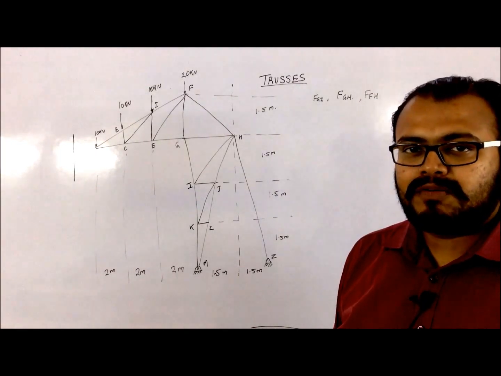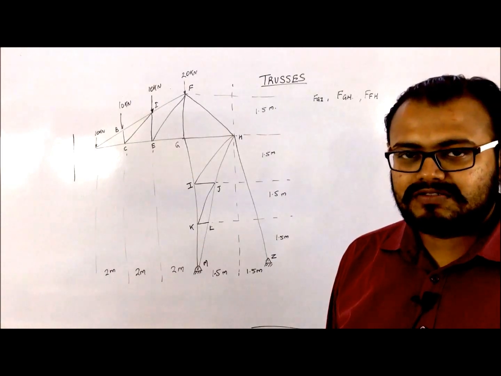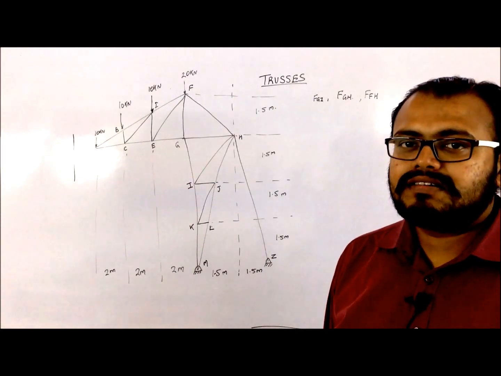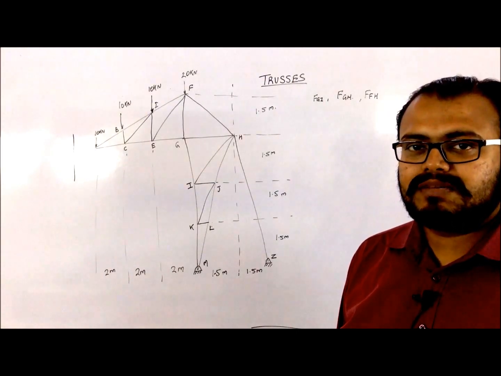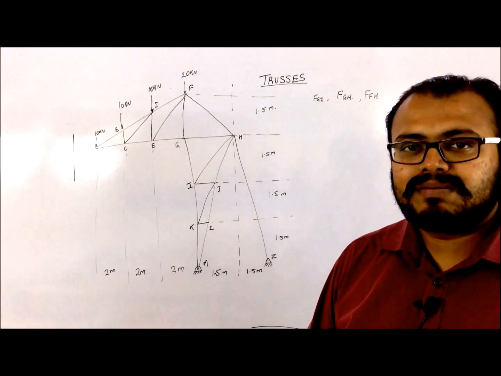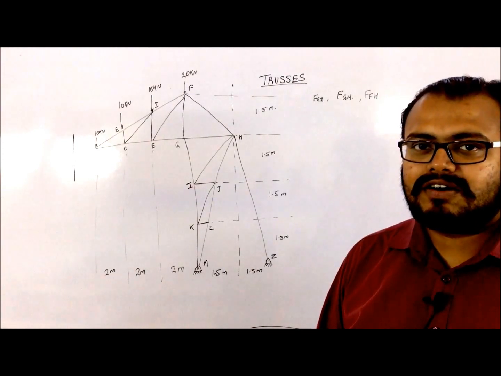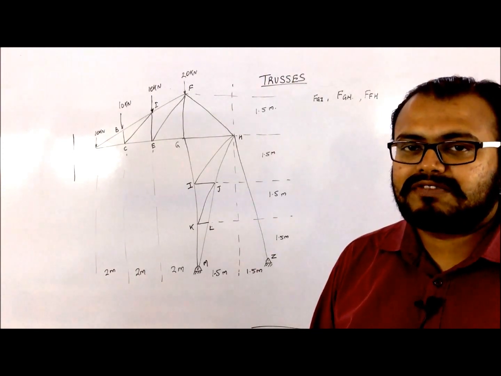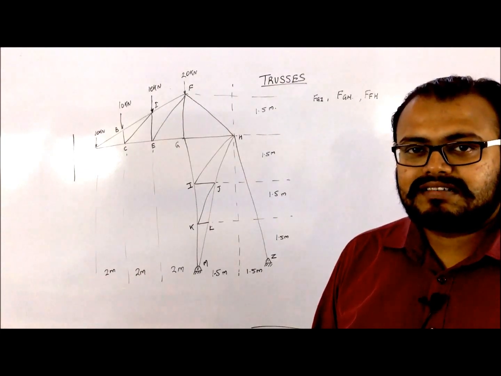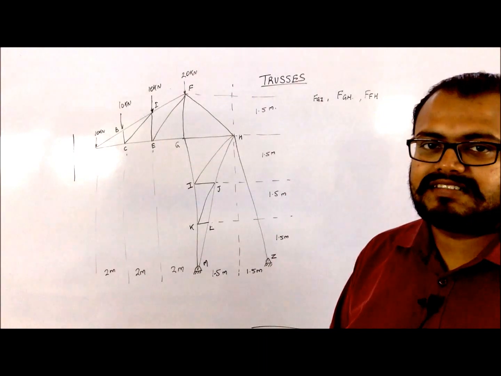In the problem statement, they might specifically ask you to follow a method, or they might just give you the problem and the members to be calculated. Depending on that, you can go by either method, or if it is specified, you have to go by the specified method. So let us go by the method of sections.